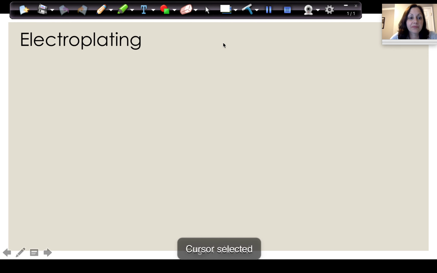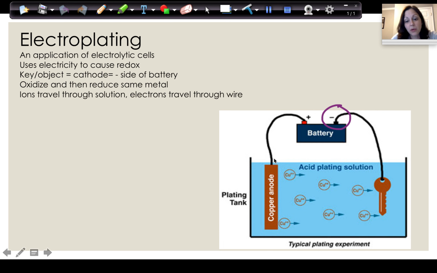And electroplating is an application of electrolytic cells where we still use electricity to cause a non-spontaneous redox reaction, and we're usually causing one object to be plated onto another. So the key, or the object, is going to be the cathode, and it will be connected to the negative side of the battery. The anode will be the metal that we want to put on the outside so that it's still oxidized.